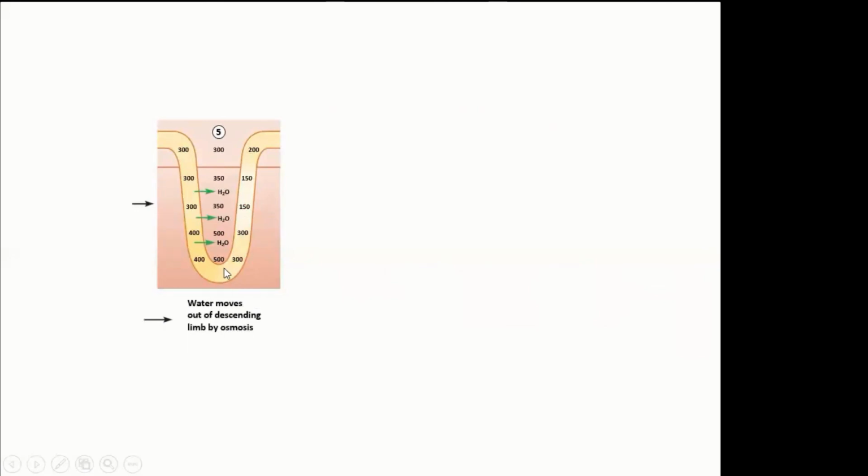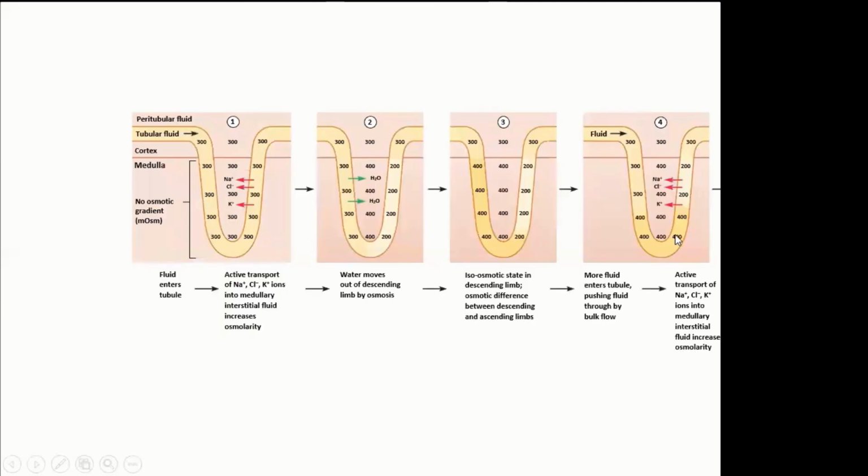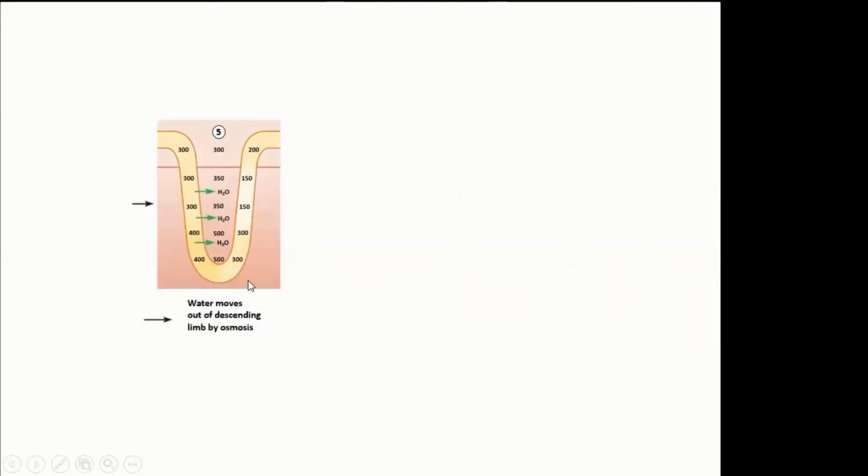So I'm going to focus on the ascending limb first, because how these numbers shifted deserves some focus. So in the last image, in number 4, we had 400 and 200 in the ascending limb, and then we pumped out solutes. So the 400 went down to 300, the 200 went down to 150.